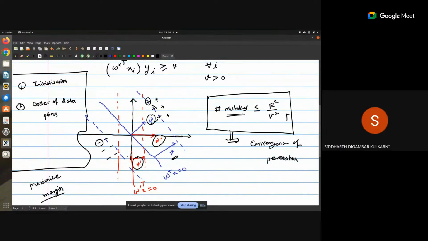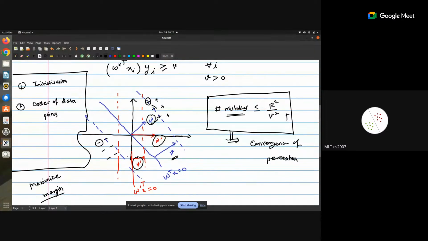Suppose I get one solution and you get another solution. Will we make a different number of mistakes to get our solutions? The upper bound is common, but the upper bound tells me what? Let's say the number of mistakes will be at max 10.